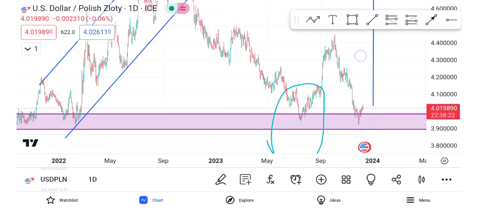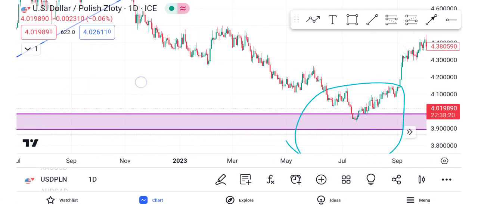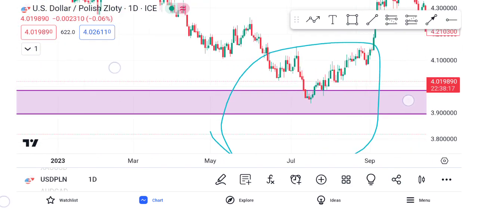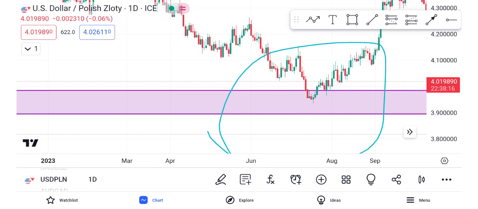So I'm going to zoom out so we can see it clearly. As you can see here, we have different types of bullish rejection candles there. We have a bullish engulfing bar, morning star. We also have an inverted hangman there.